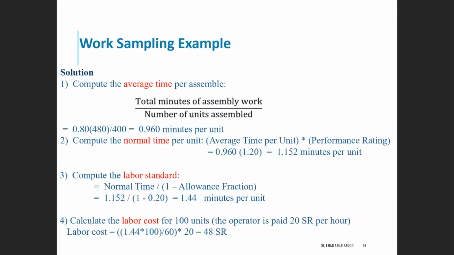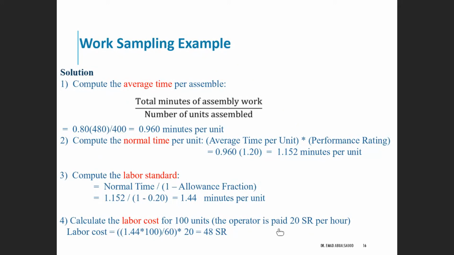And to find the labor cost for 100 units, as the question says, you have an allowance here of 20 riyal. The allowance was 20% for the time and 20 riyal per hour if you are exceeding, let's say, a normal time or the specified time.